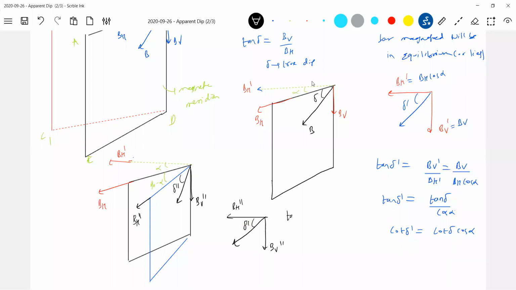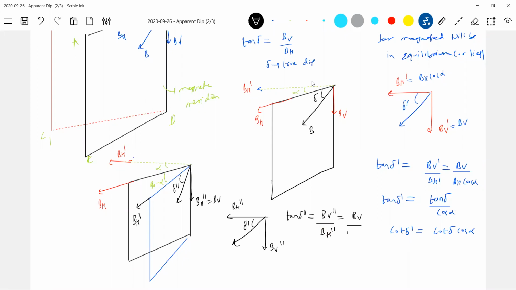So what is tan delta double dash? It should be equal to BV double dash by BH double dash. The vertical component will not change.